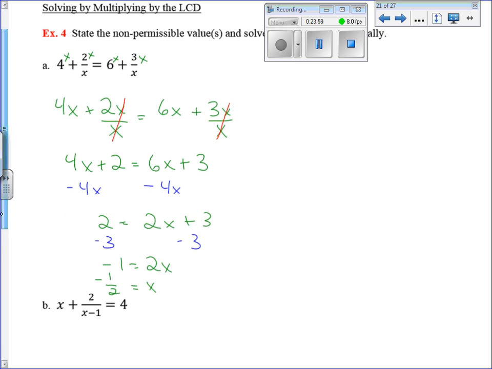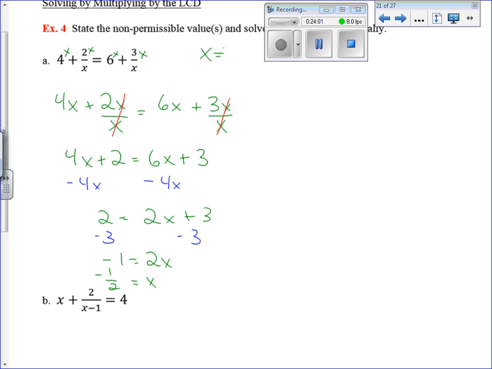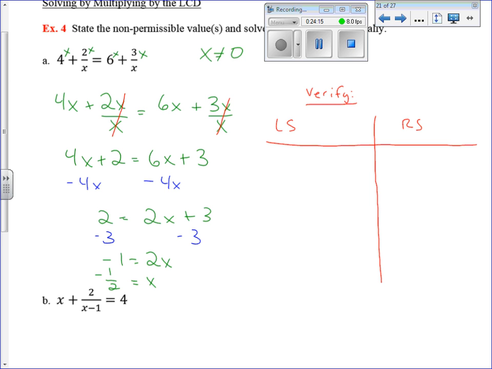My non-permissible values here, x cannot equal 0. I can verify here as well. I want the left side to equal the right side. My left side was 4 plus 2 over x.